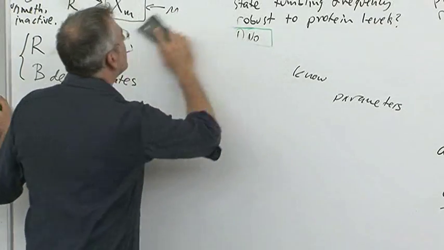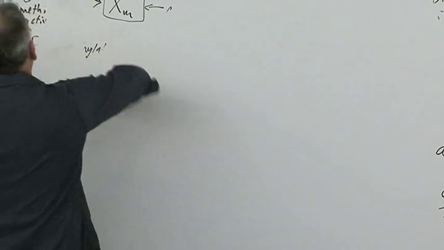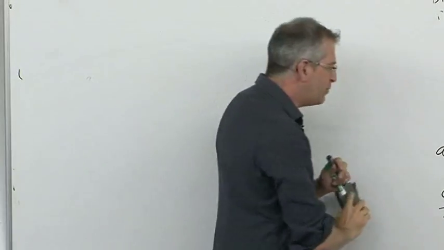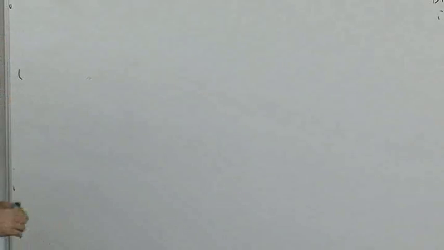Okay. And integral feedback turns out to be at play in a huge range of biological situations where we want to reach a robust, nice, steady state. Integral feedback is a big principle.